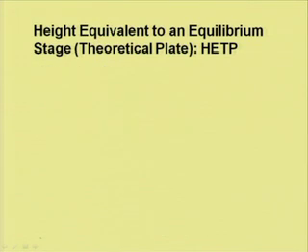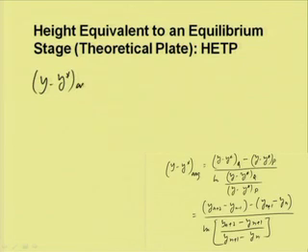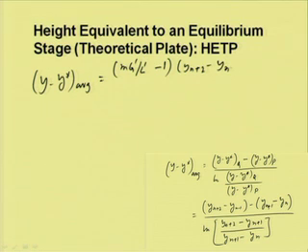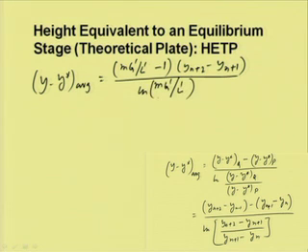So, now we can substitute this in the equation of (y minus y star) average, which is equal to m G dash by L dash minus 1 into y n plus 2 minus y n plus 1 divided by ln m G dash by L dash.